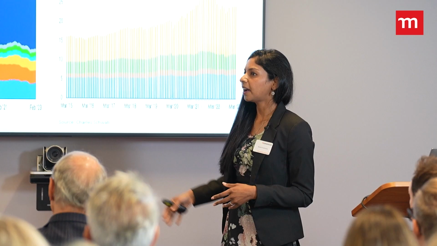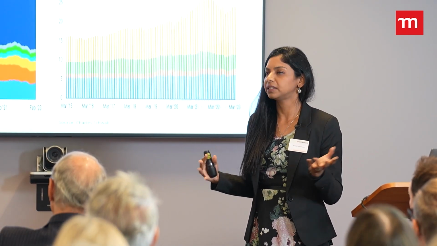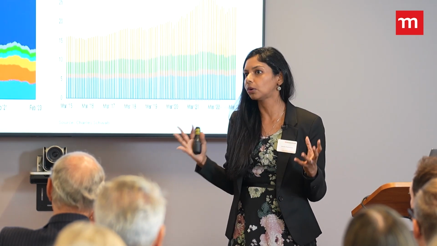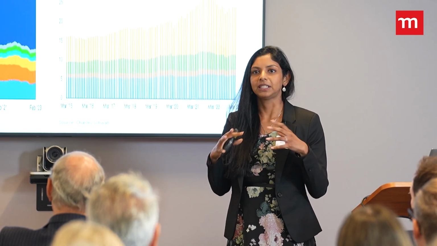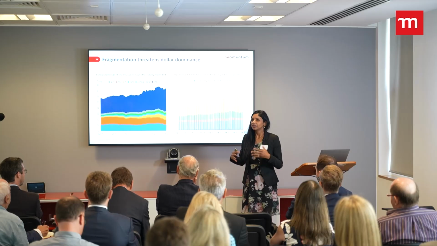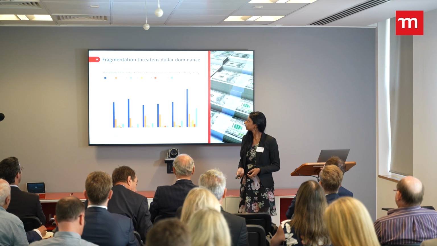And on the right-hand side, even taking account of assets outside of treasuries, there is still quite a big demand for those dollar assets. So with all of the talk around de-dollarization and having a BRICS competitive currency, there is still this push for the dollar as the safe haven asset in the world.